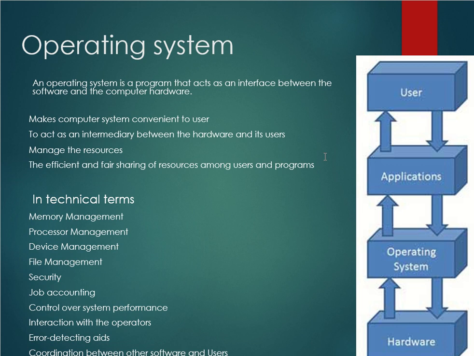Okay. And interaction with the operators. When you're using the computer, we have to use applications, create files, delete and rename them, all those things. There need to be some mechanisms.